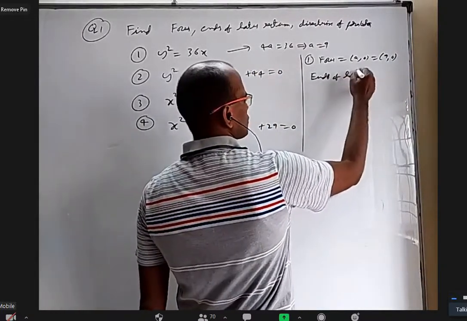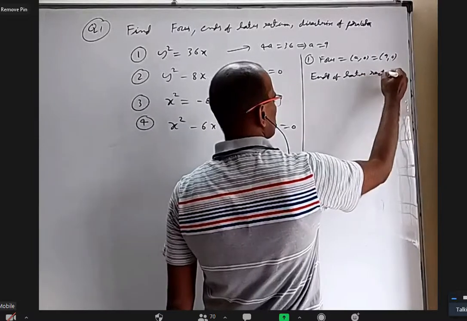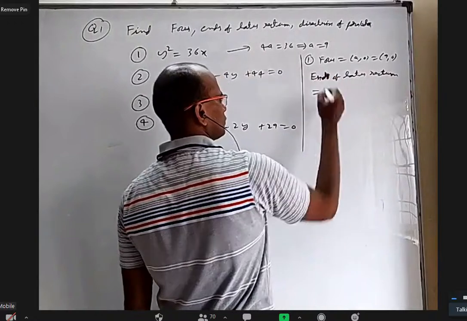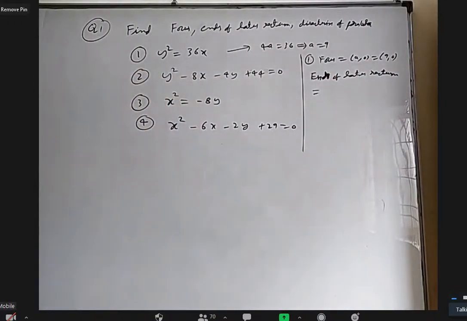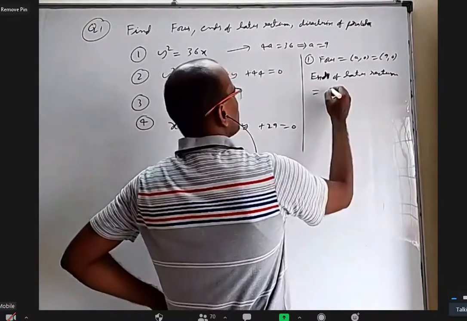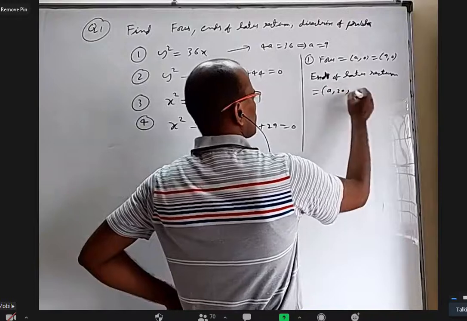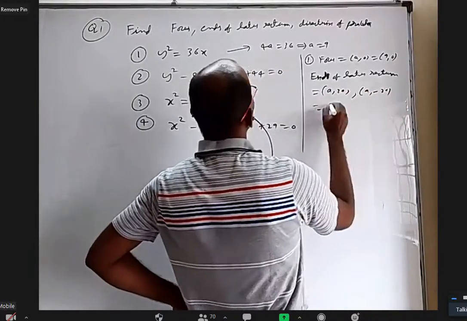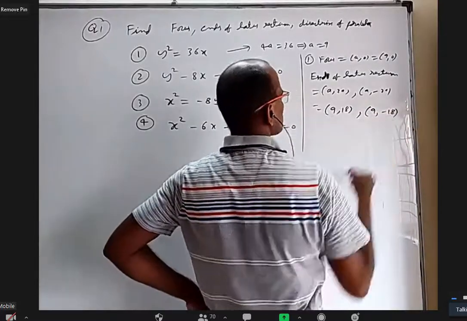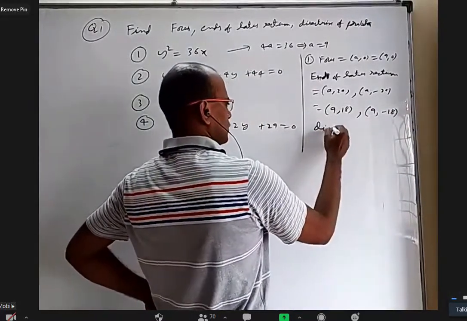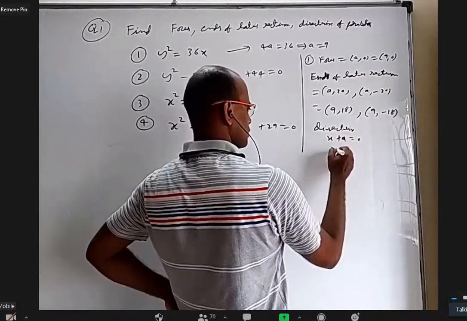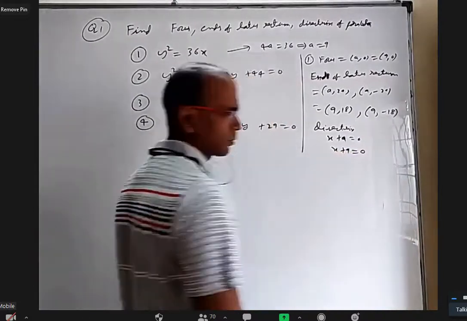Ends of latus rectum, you can do on your own: a comma 2a, a comma minus 2a. So 9 comma 18, 9 comma minus 18. Directrix: x plus a equal to 0, which is x plus 9 equal to 0.